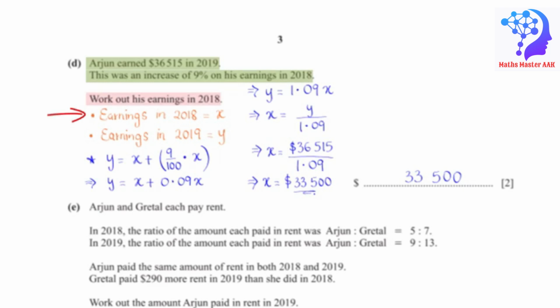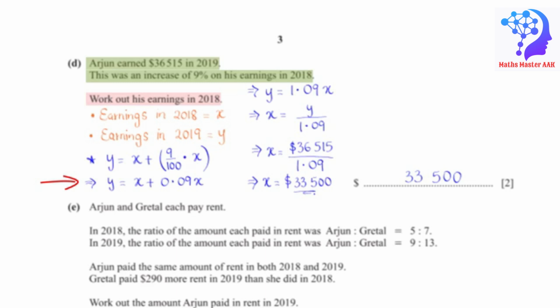Let's represent his earnings in 2018 with X, and let's represent his earnings in 2019 with Y. And so from the information given in the question, we know that Y is equal to X plus 9% of X. 9/100 is the same as 0.09. We want to find his earnings in 2018, and so let's make X the subject.